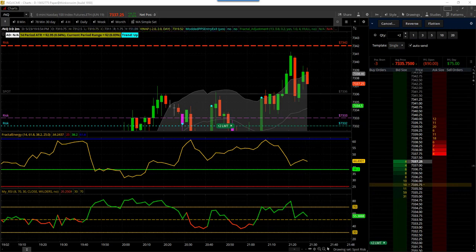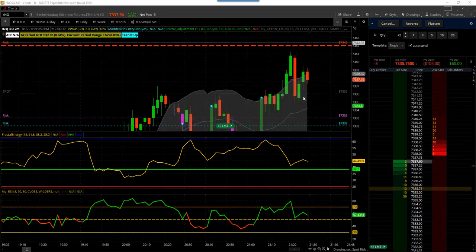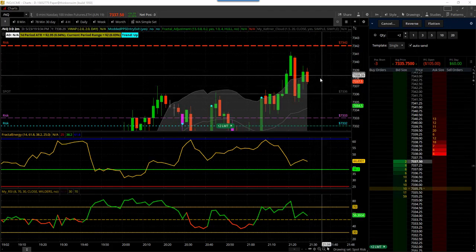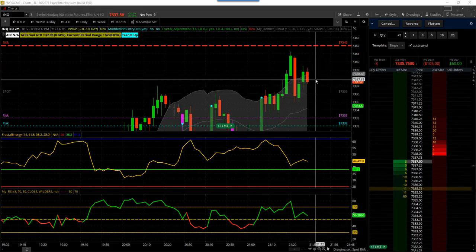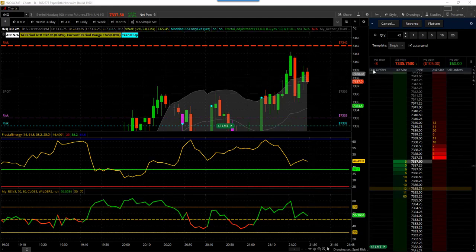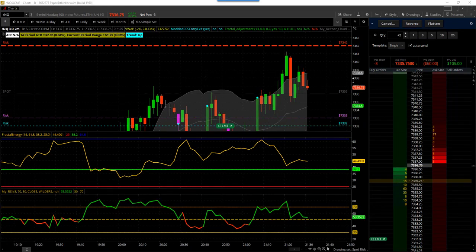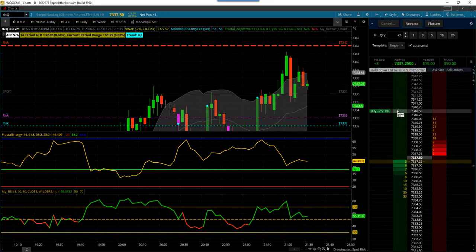So when the bonds slack off, a lot of times we see a rise in the indexes. They are inverse, and that is not good for where I'm sitting since I'm short 3. So it's getting to that point.